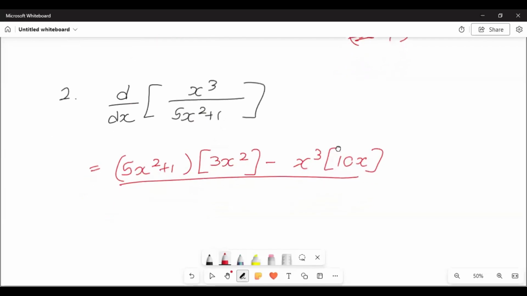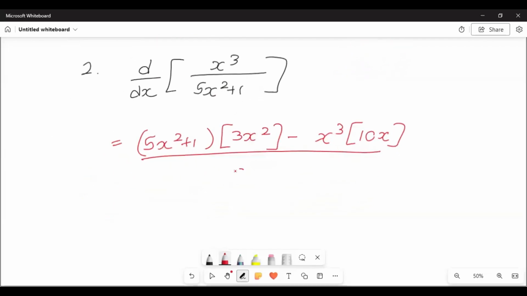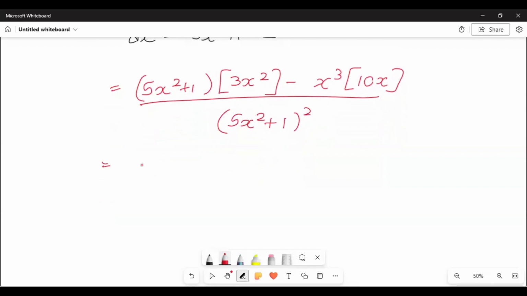And divided by 5 times x to the power of 2 plus 1 squared. So we can solve this too. Always remember that you need to solve the question as much as possible. You don't leave it like this way. It's not appropriate.